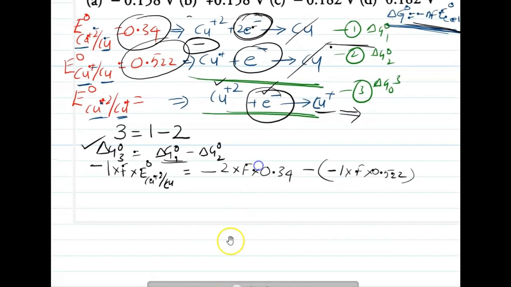So let's solve this. If you solve this, we will get the answer.